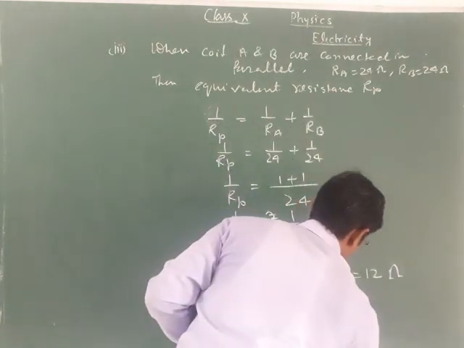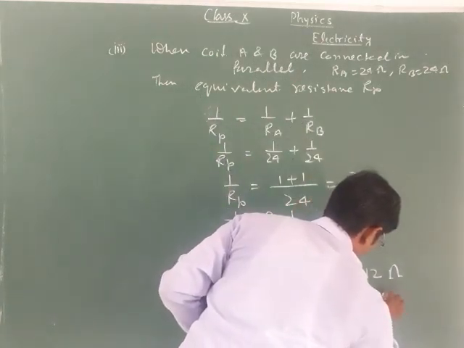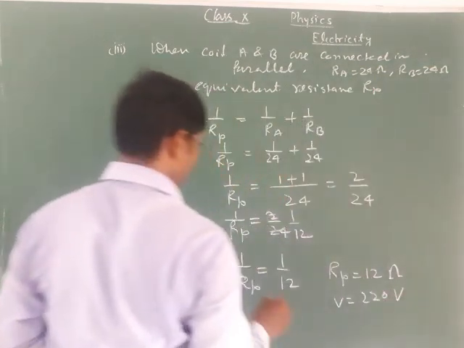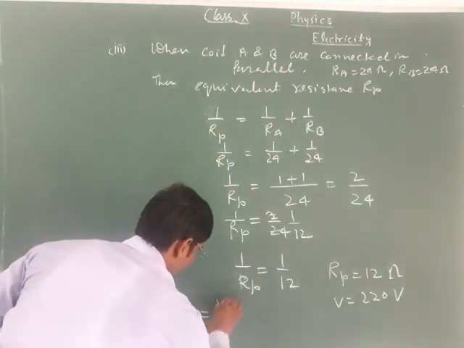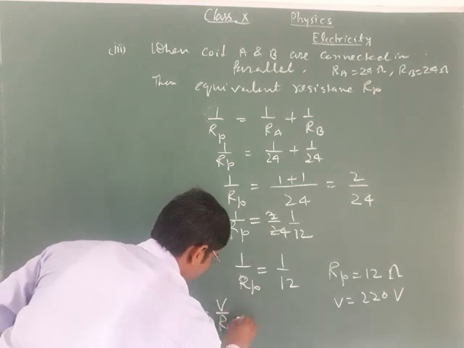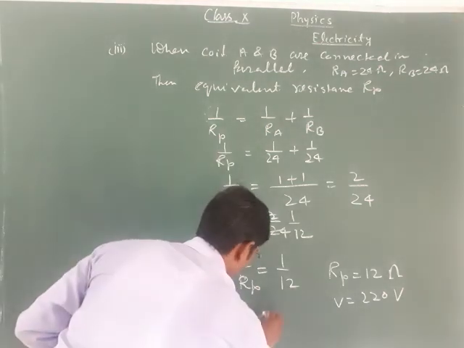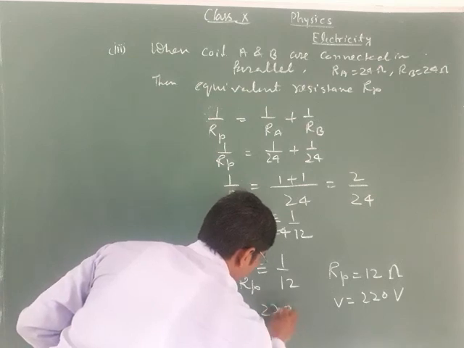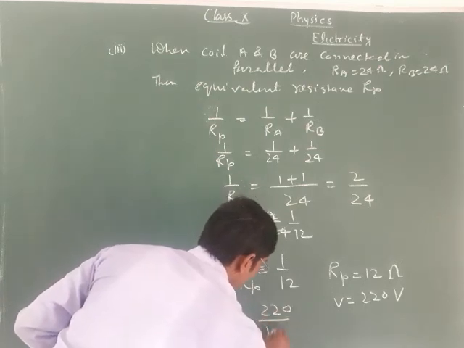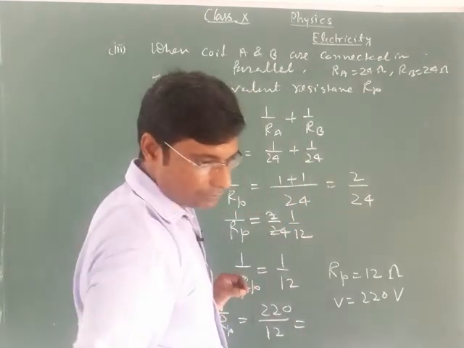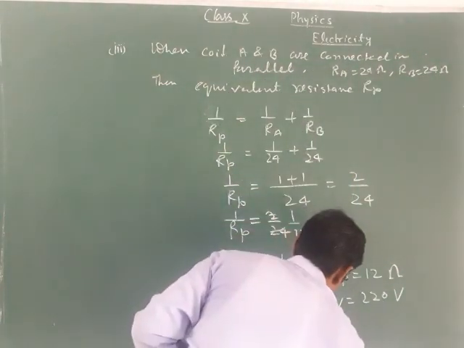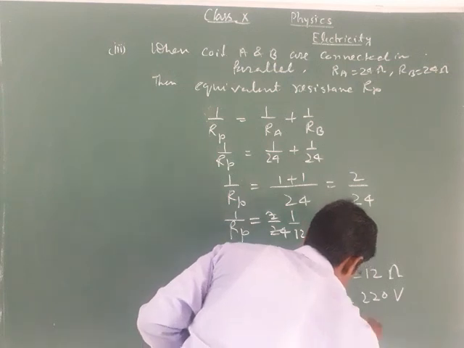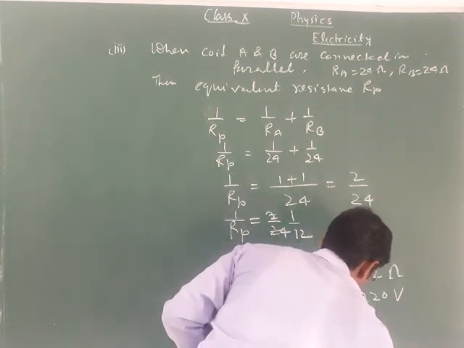And V is equal to 220 volt supply. So Ip is equal to V by Rp, which is 220 divided by 12. Calculate it, so 18.33 ampere.